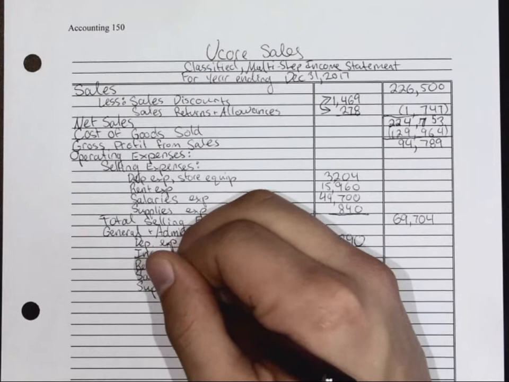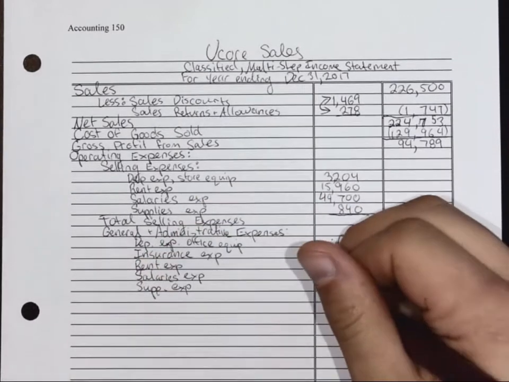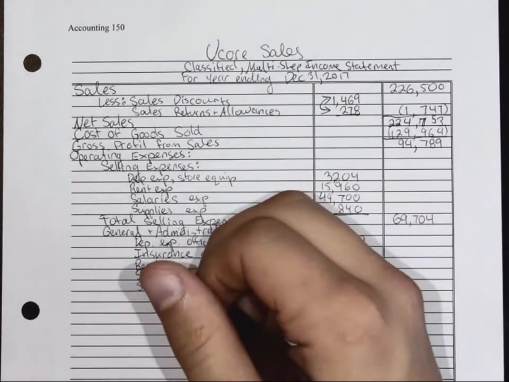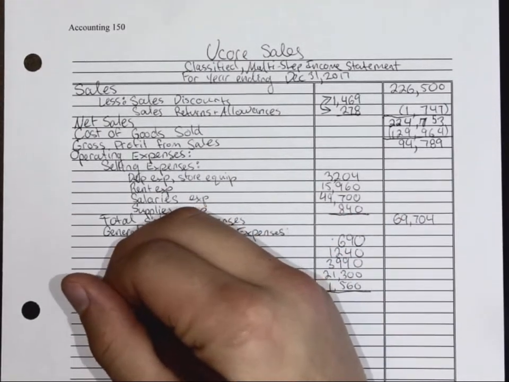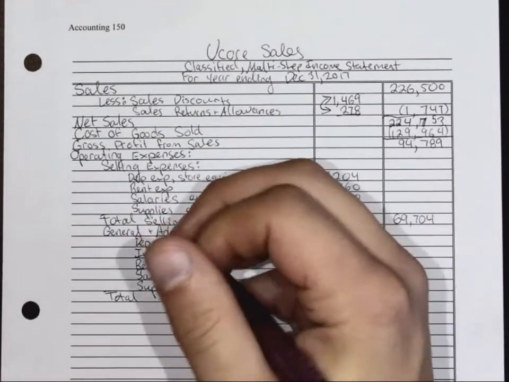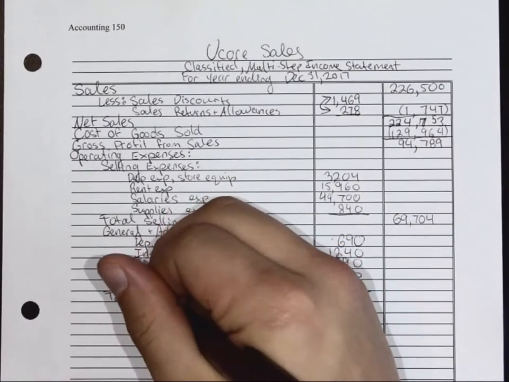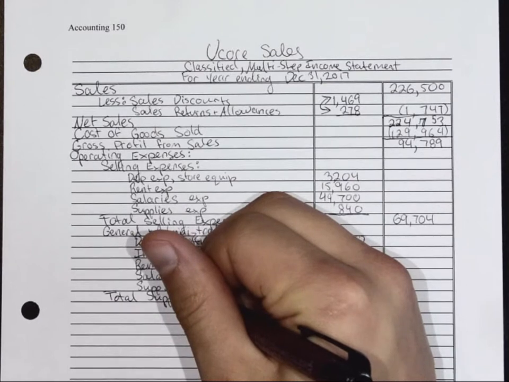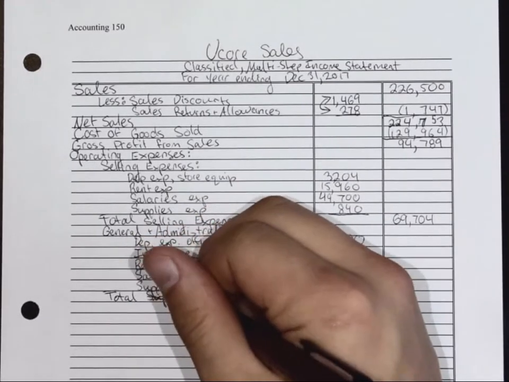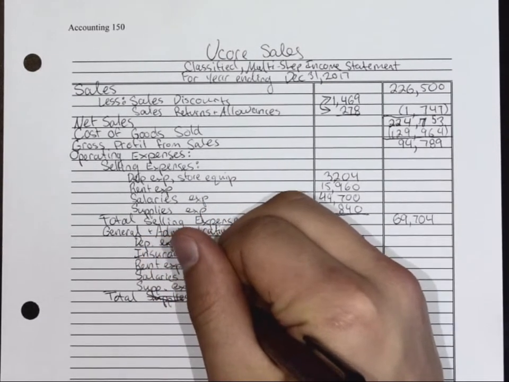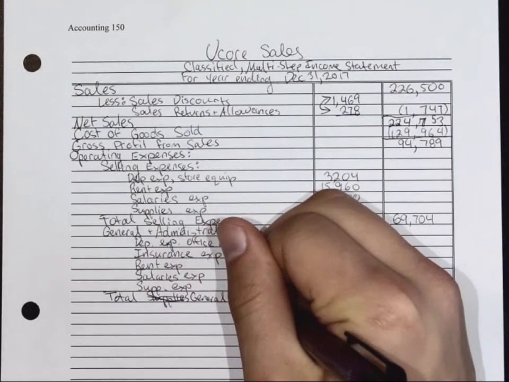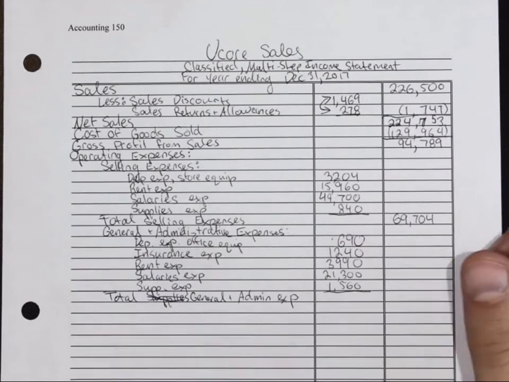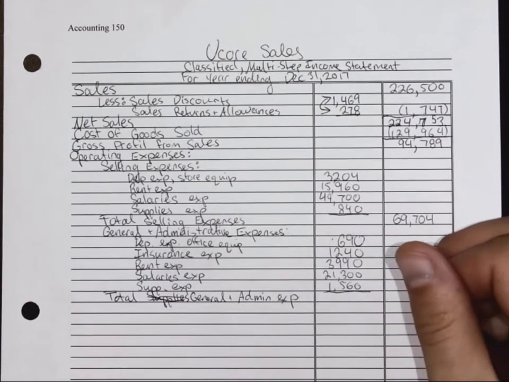Supplies expense for $1,560. We get a total of 28,780. No, pardon me, what am I doing? Total general and admin expenses for $28,780.